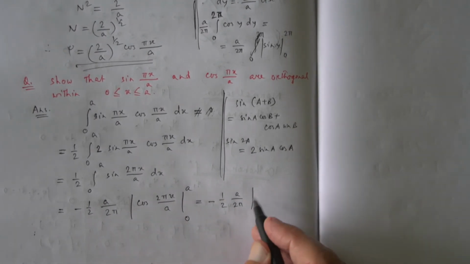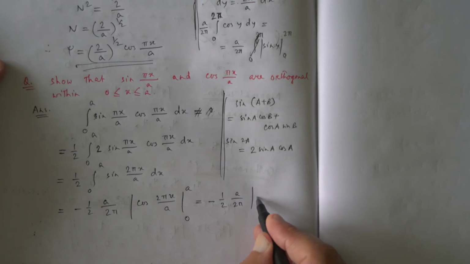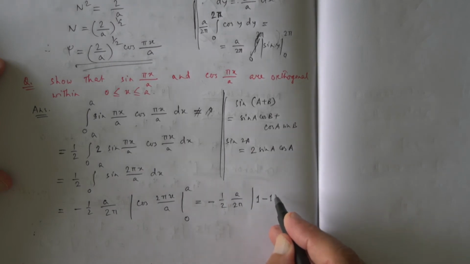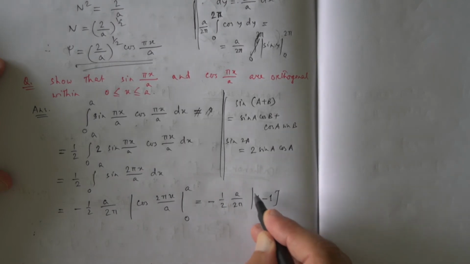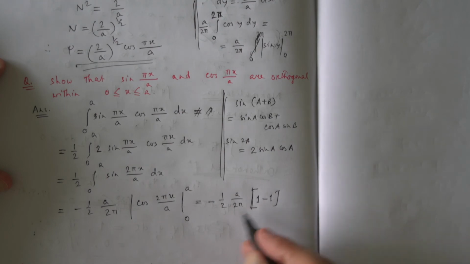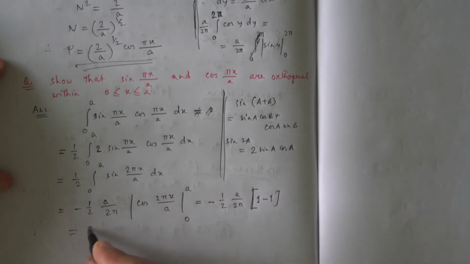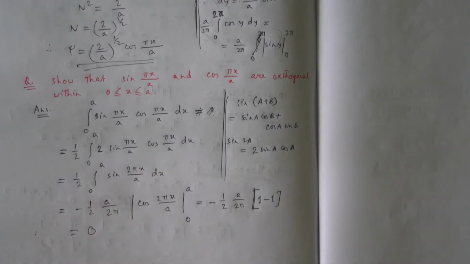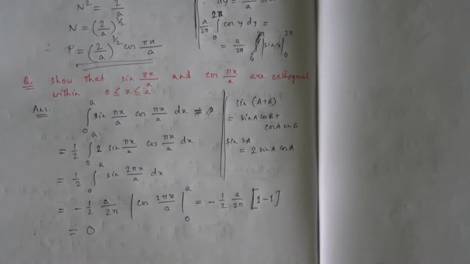Cos 2 pi equal to 1, cos 0 is 1. So 1 minus 1 is 0, so this is 0, hence proved. We have proved this. So in this way problems may be asked, and you have to answer like this.